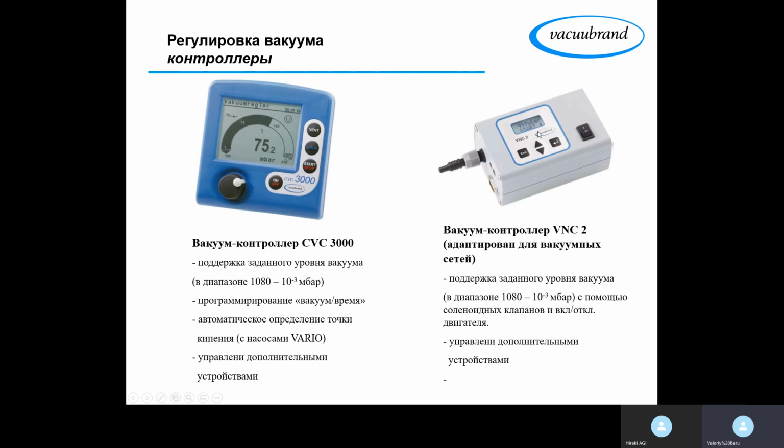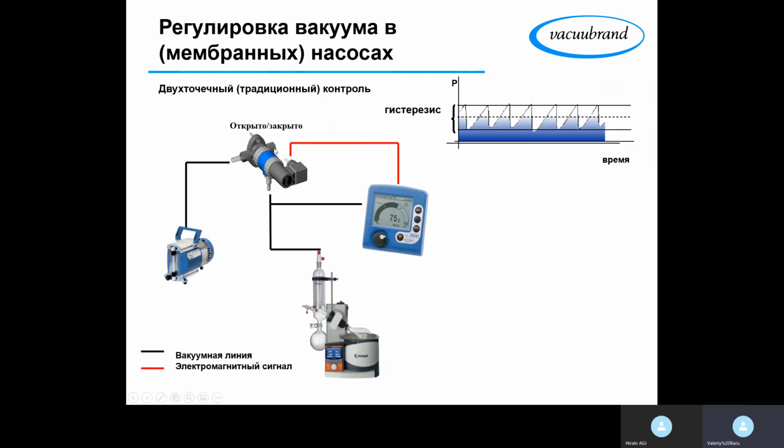So you set a certain vacuum on the controller, and as soon as the vacuum is reached, the controller simply switches off the vacuum pump, right?